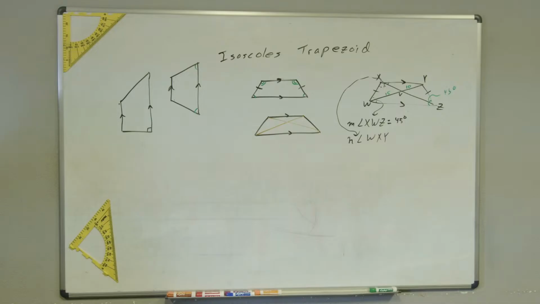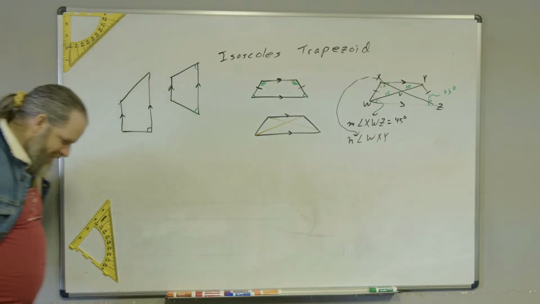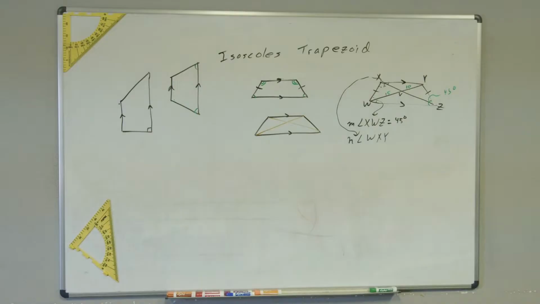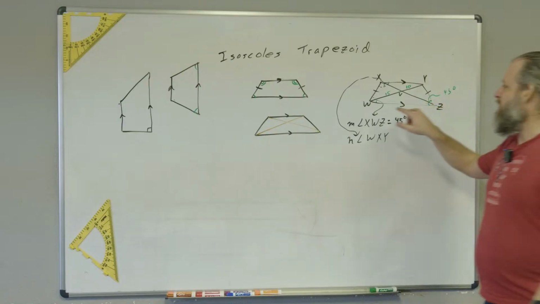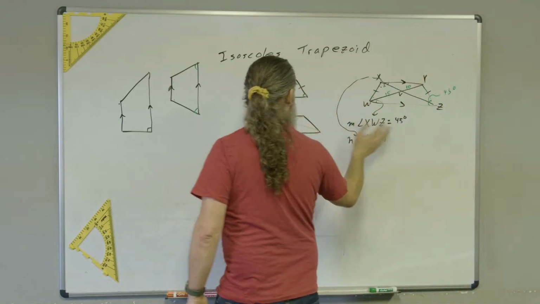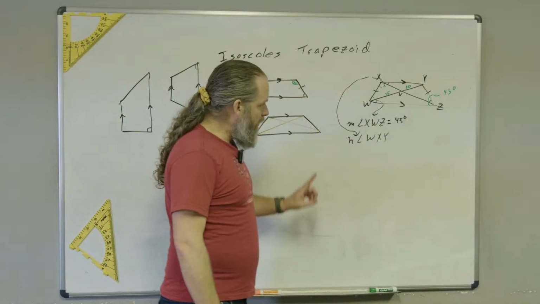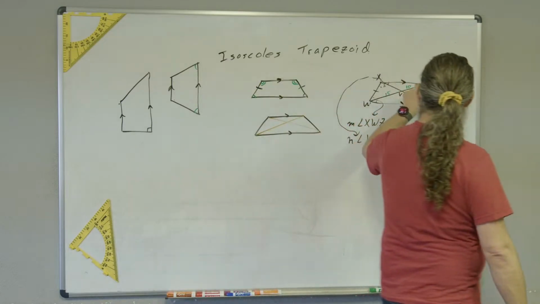We've got to use more than one tool. It's kind of the heart and soul of geometry, being able to take different pieces, different ideas, and put them together to get to a solution to our problem. So we know that this angle is congruent to that angle. We just said that this one's 45 and that one's 45. We also know that this one is congruent to that one.